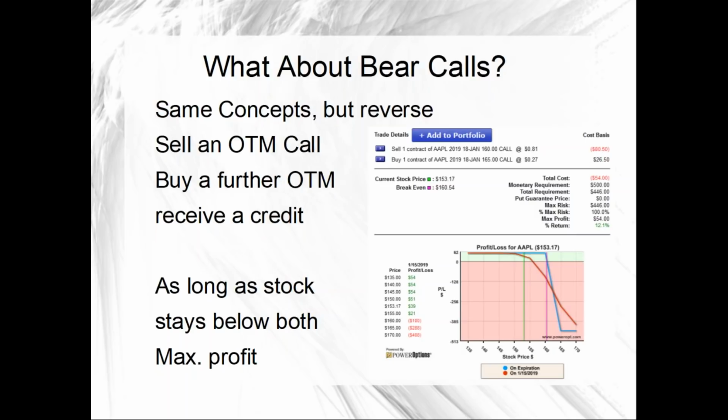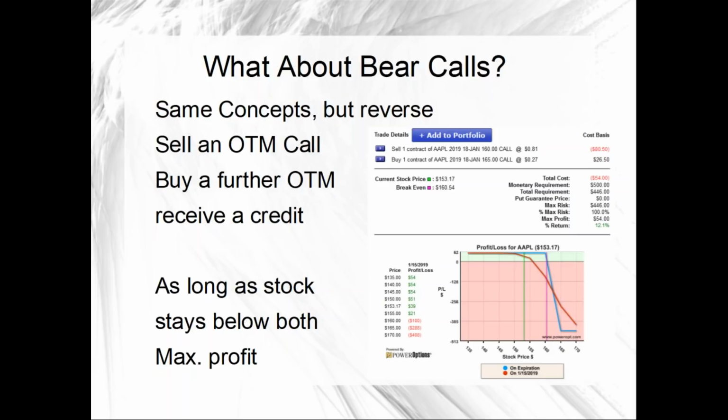But this is a 5-point spread. So the monetary risk is 446. My return on investment still at 12%, that 10, 12% we were seeing with the bull puts as well on Apple. If everything works out right, the stock stays below 160, 4 o'clock, Friday expiration, January 18th. Both calls expire.